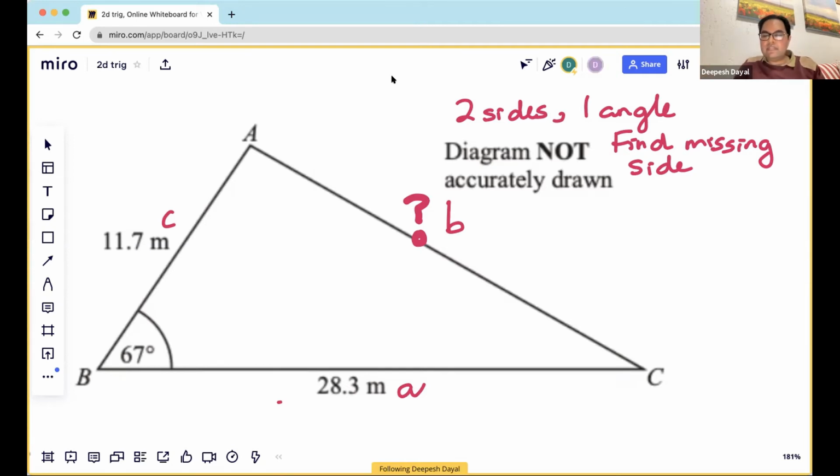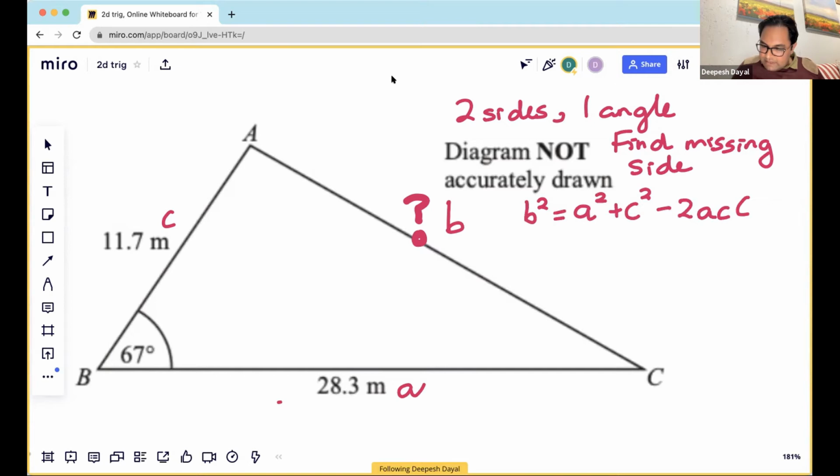So now we need to rearrange our formula by putting B in the front, right? So we're going to make our new formula now. B squared equals A squared plus C squared minus 2AC cos B.